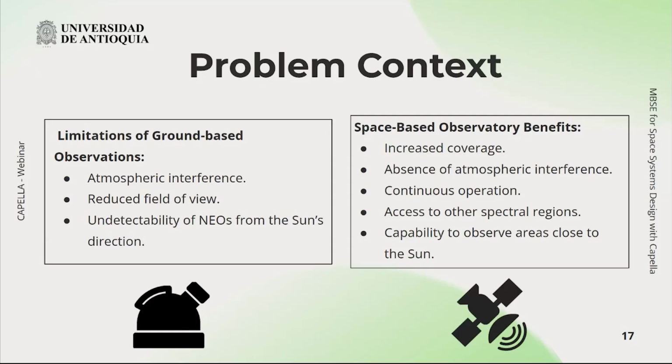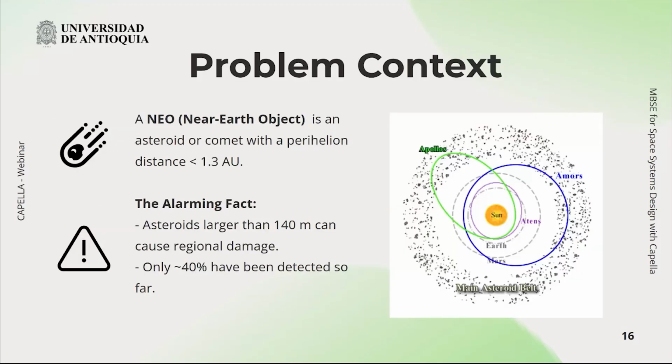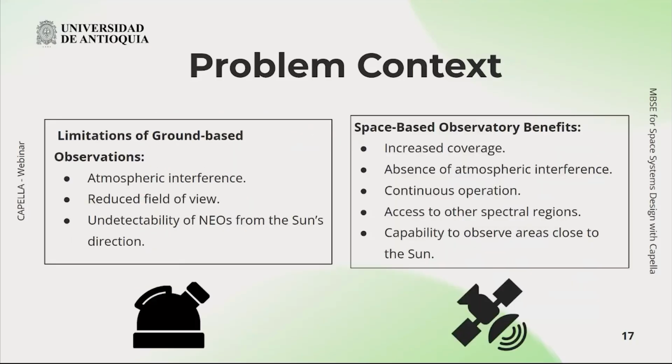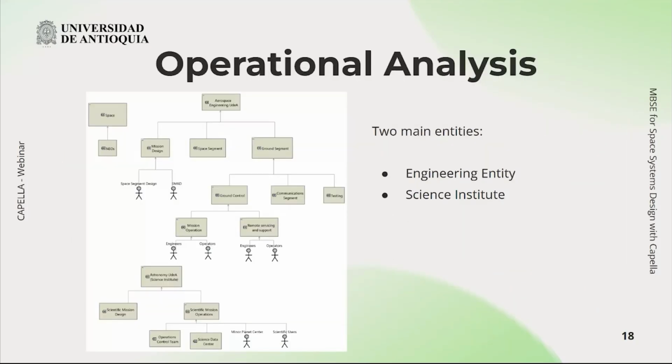And with space observations, we have benefits such as increased coverage and absence of those atmospheric interferences. And the main advantage in this context is that we have the capability to observe areas close to the sun, which are impossible to observe from the Earth because of the effects of the solar radiation on the sensors.